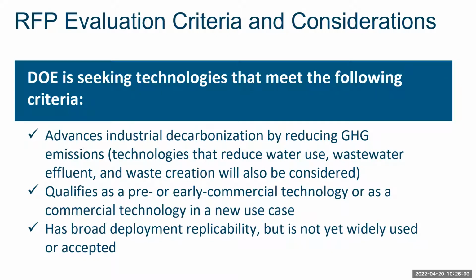It has to be broadly applicable in at least one sector, but the more sectors, the better. So that's kind of a first screen that we use before we even start scoring the application. Next slide.